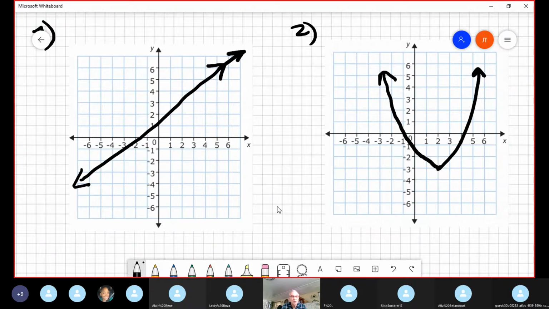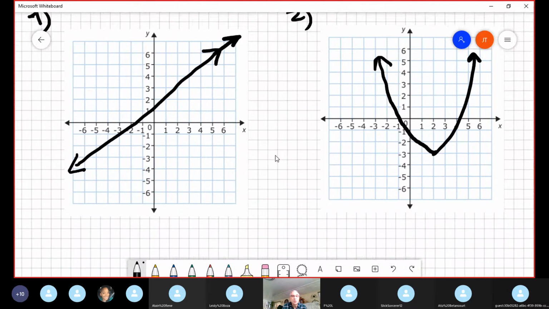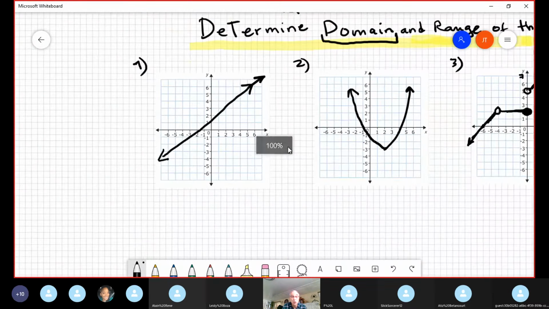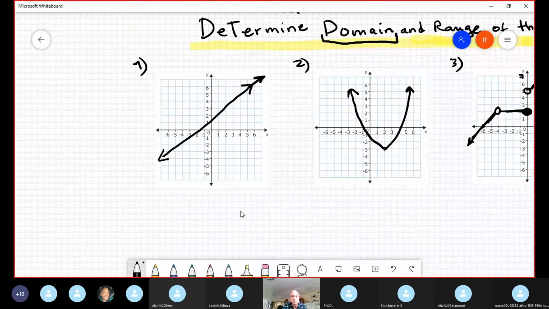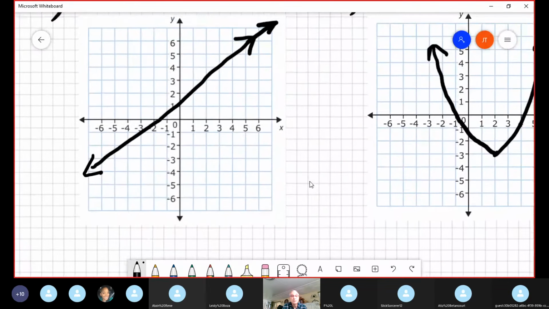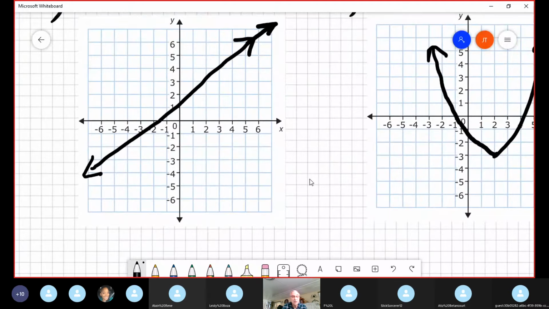Okay, if you want to find the domain, look at the graph, nothing mathematical, only look at the graph. Take a point on the curve, on the line, on the curve in general, and project it onto the x-axis, because that is the domain.